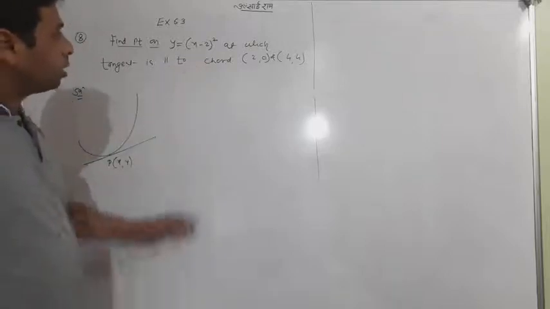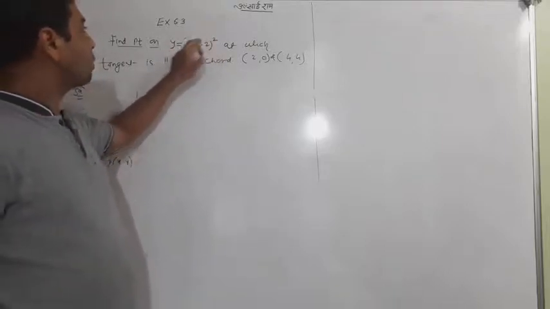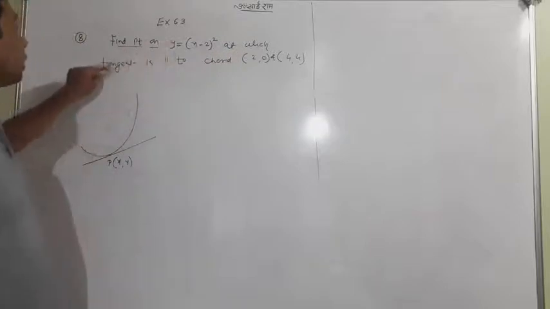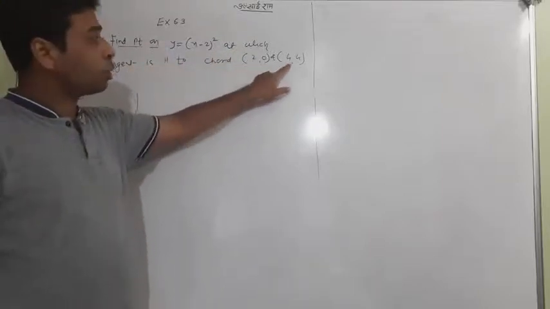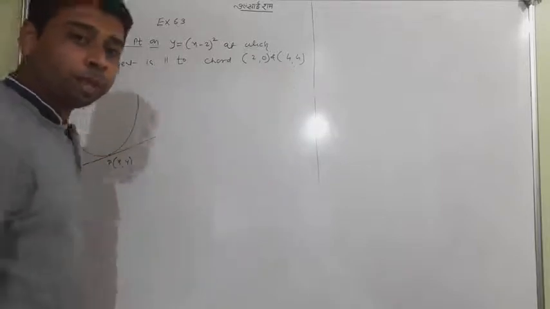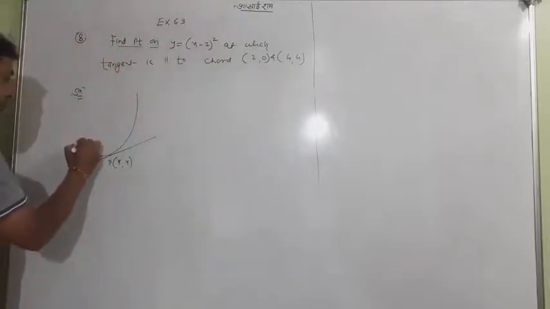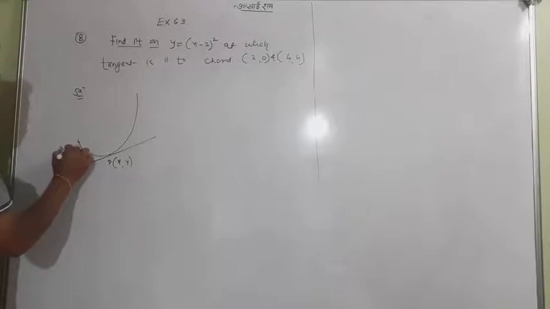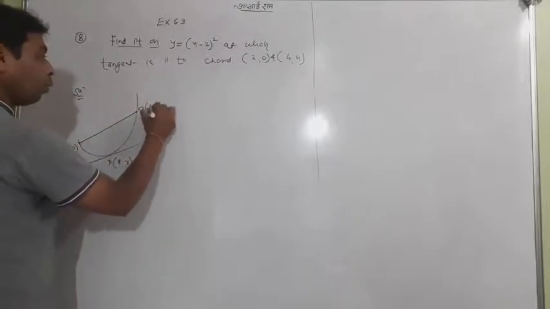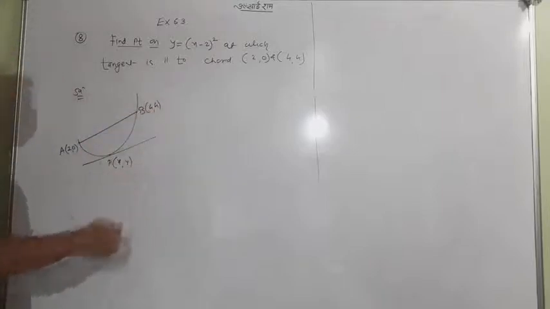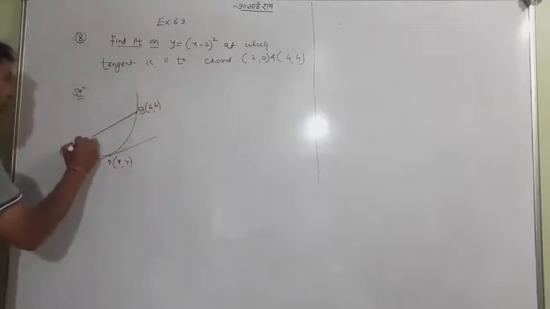According to the question, y equal to x minus 2 square is a curve at which the tangent is parallel to the chord. Suppose this is A and this is B. So chord AB. What is the meaning of chord? It's the chord of the curve.